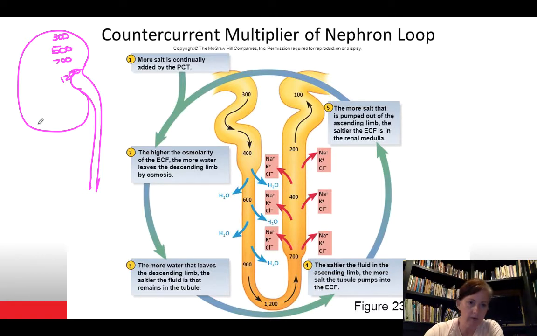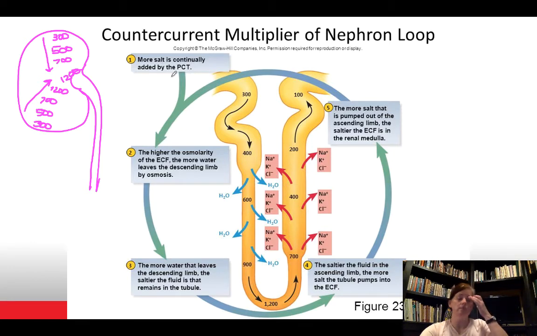So we start off at the cortex at about 300. The deeper we go, the greater the concentration or osmolarity we see, and we ultimately get up to about 1200 milliosmoles. So our osmolarity is increasing as we move from cortex to medulla, right?